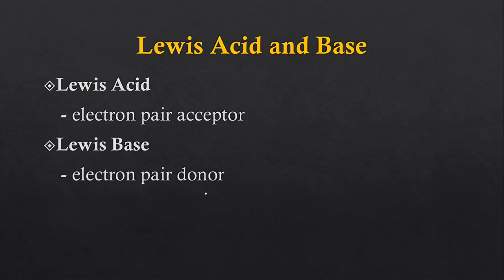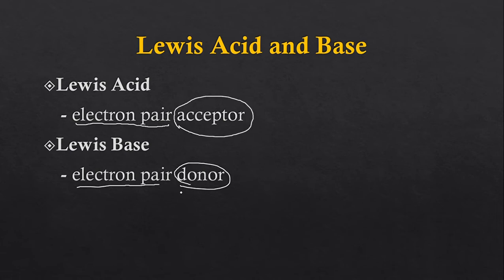So, according to Lewis, an acid is a substance that is an electron pair acceptor. Electron pair naman yan. Okay? While a Lewis base is an electron pair donor.